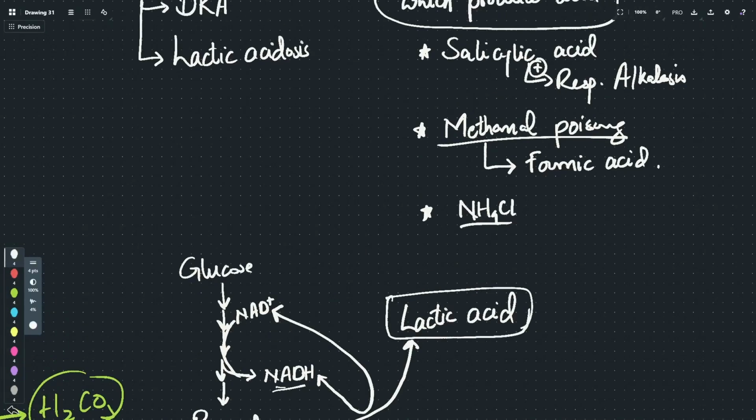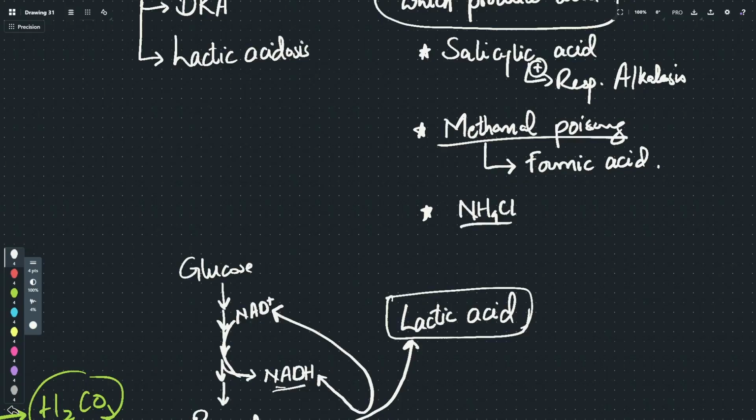But generally in a normal individual, exercise does not cause significant lactic acidosis; it does not trigger metabolic acidosis. It does not reach that level in a normal person.